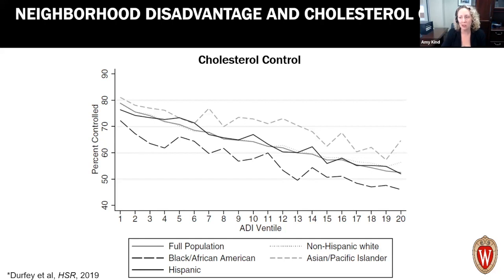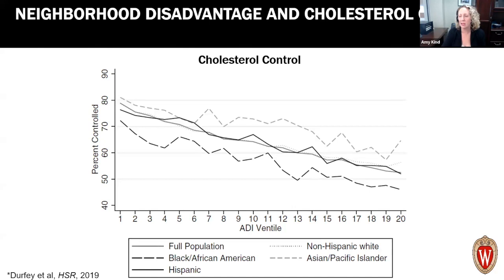And then you see multiple lines here by self-identified race of individuals who are being cared for in these health systems. So the first thing to note is all individuals, regardless of race, if they're living in a low ADI context in these blue neighborhoods on the maps I showed you, tend to have better cholesterol control than all other individuals who are living in the high ADI context, the highly disadvantaged neighborhoods, regardless of race. However, across ADI ventiles on this particular study, you also see racial disparities.